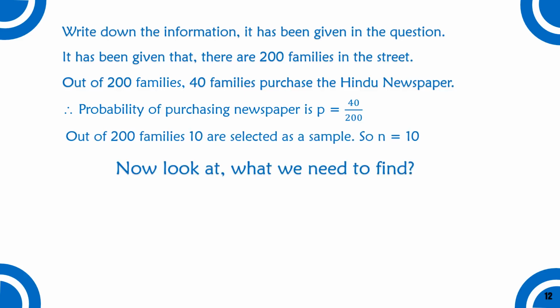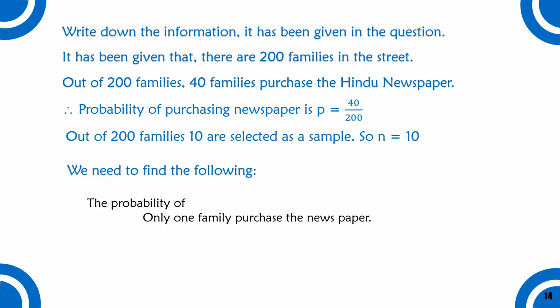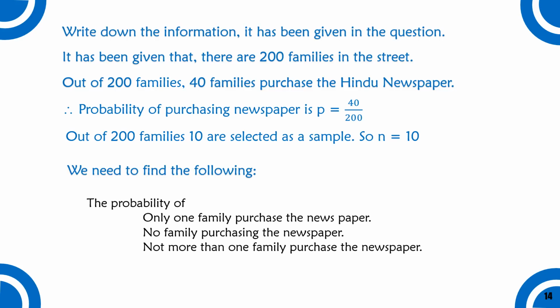Now, look at what we need to find. We need to find the following. The probability of only one family purchase the newspaper, no family purchasing the newspaper, not more than one family purchase the newspaper.